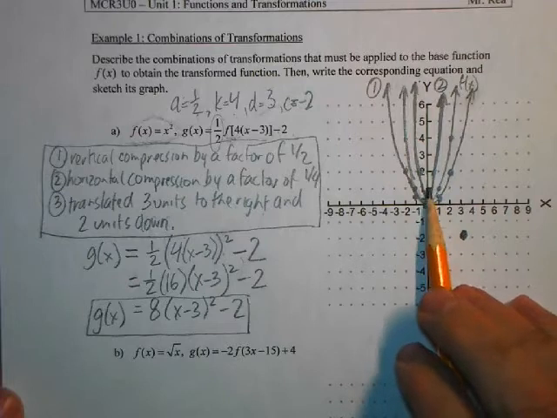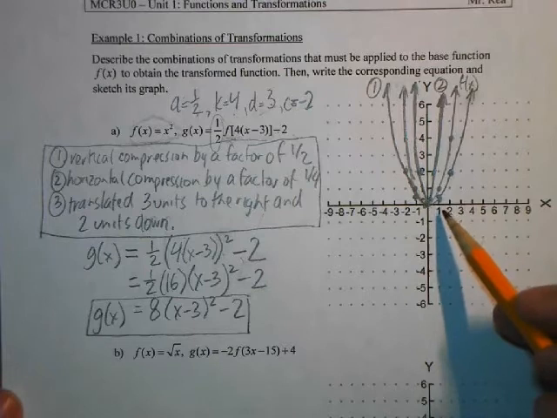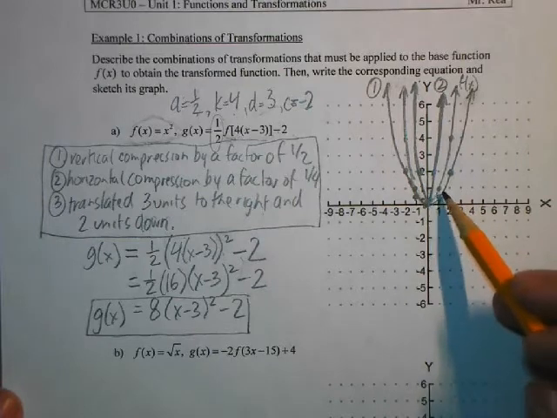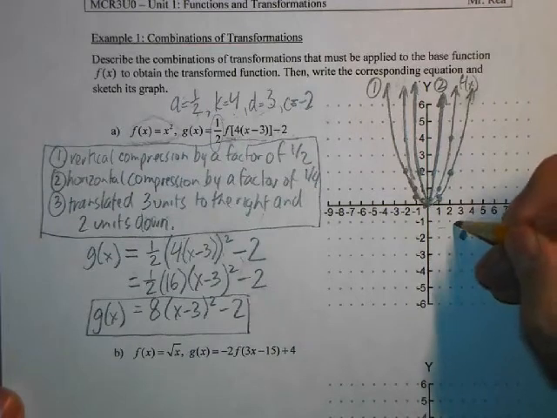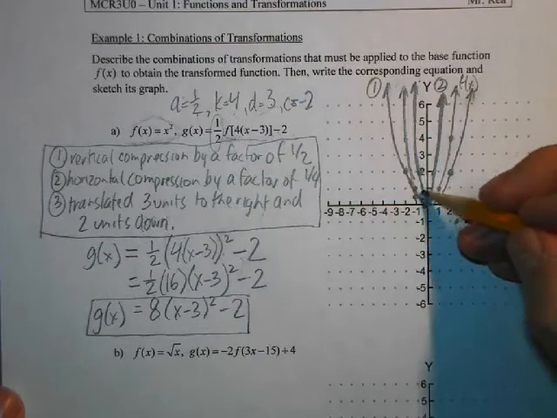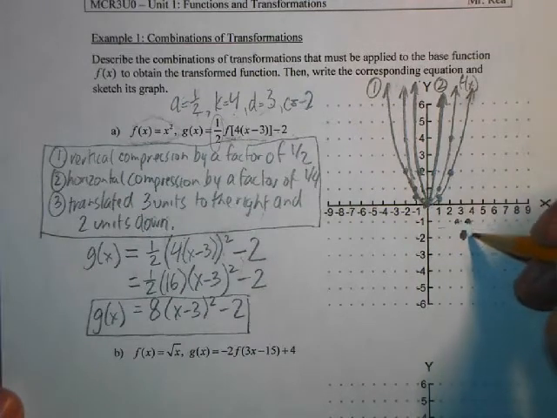If you remember, these points were 1 up and 1/4 away from the x-axis. I could do the same thing, 3 to the right, 2 down for all of these. I'm just trying to be a little bit more accurate here.